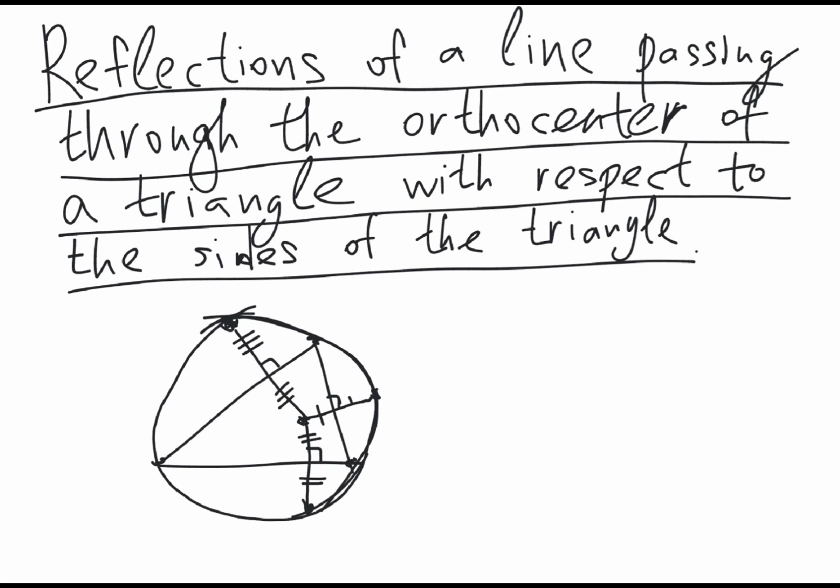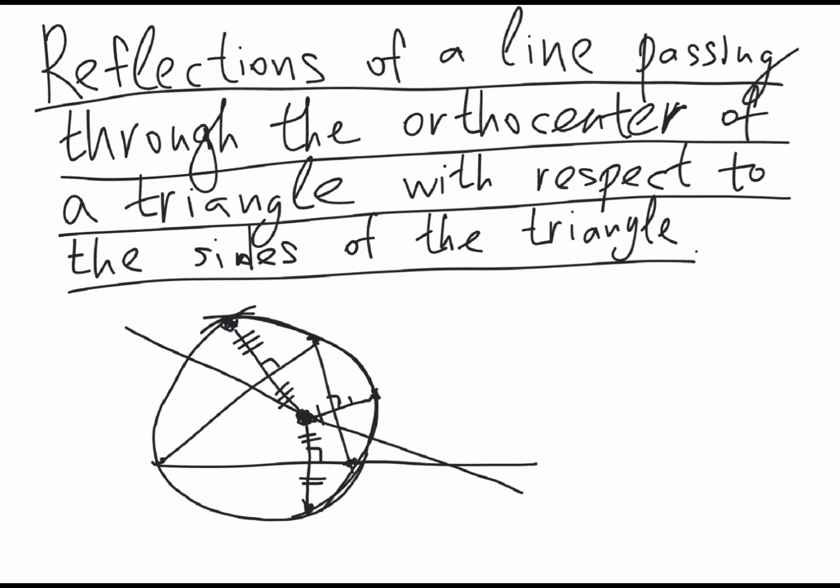Now what we have in this theorem is that we take not just the orthocenter itself, but a line that passes through the orthocenter. So we take an arbitrary line that passes through the orthocenter, and we take the reflection of this whole line with respect to the three sides.